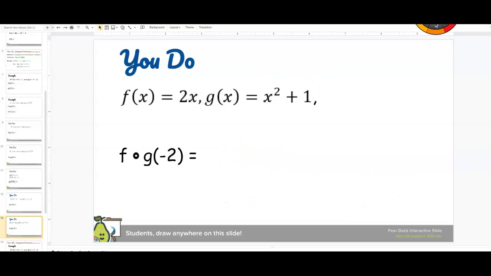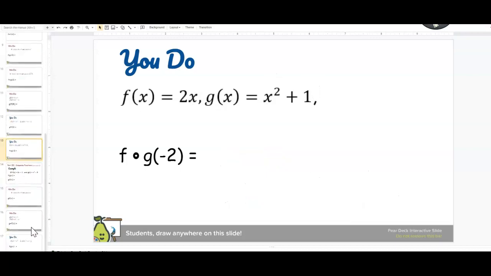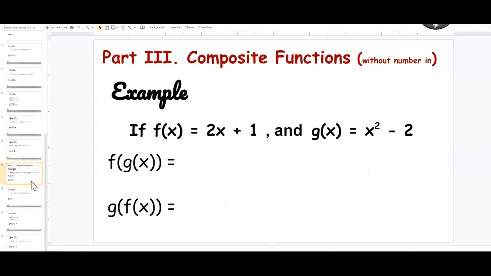And finally, let's look at the composite functions again, but without a number inside of the most inside parentheses. So what we're going to do this time, first step, the composite part is the same. So here we plug G in F. So equation G is here, you're going to plug it into equation F. So rewrite this equation.